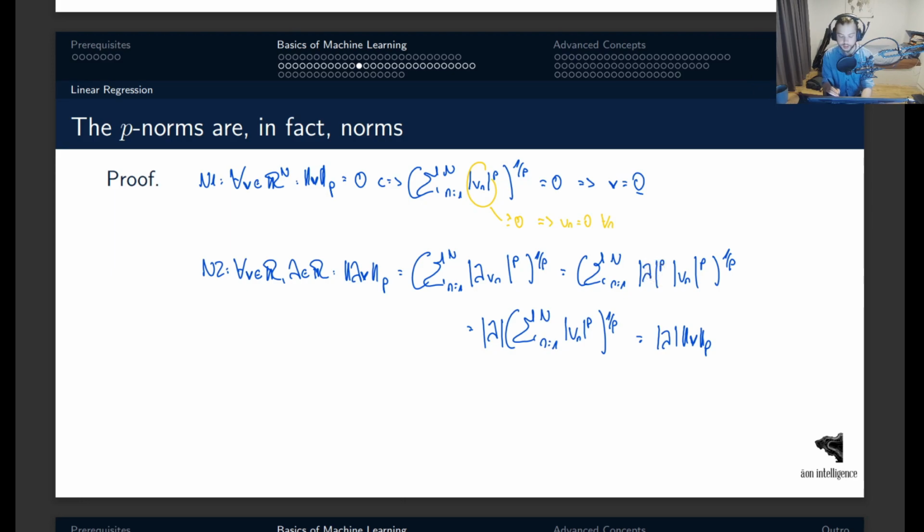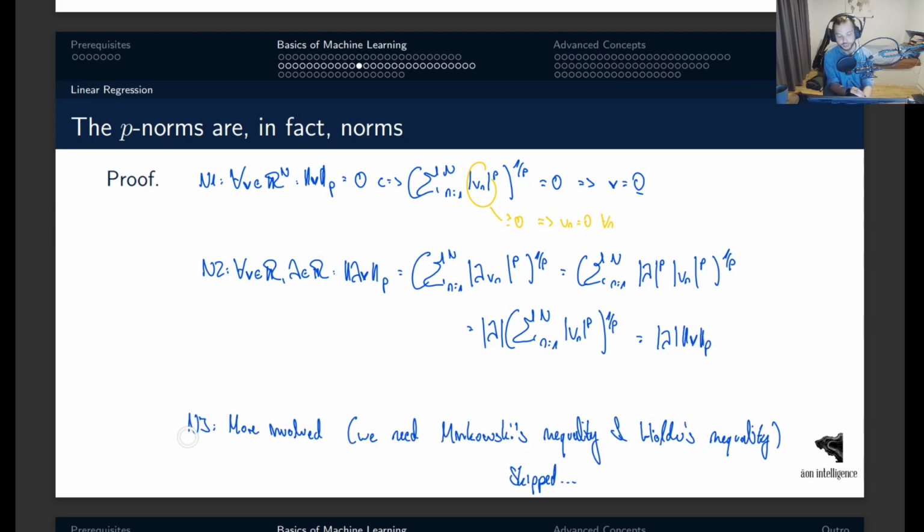And further we see that since lambda doesn't depend on n, we can push it outside the summation, and then the p cancels with the p-th root, and we have this absolute lambda term in front of this sum. And this is just equal to the absolute value of lambda times the magnitude of v in the p-norms.